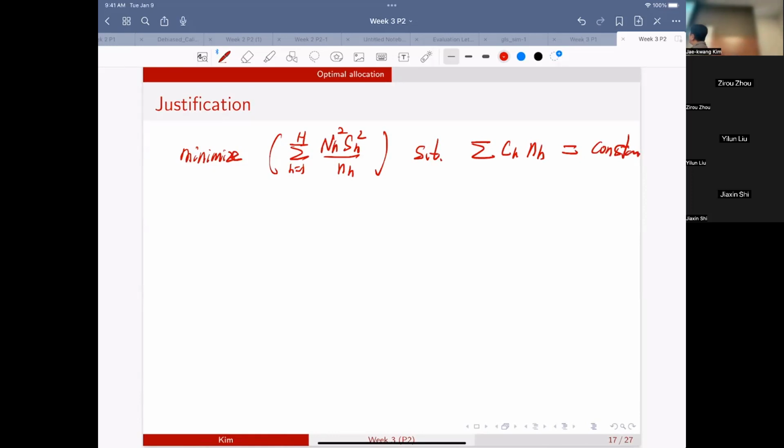So this is the mathematical formulation of your optimization problem. Everything else is constant, right? So CI, NH, SH square, and CH are all known here, given. What you want to determine is only NH.